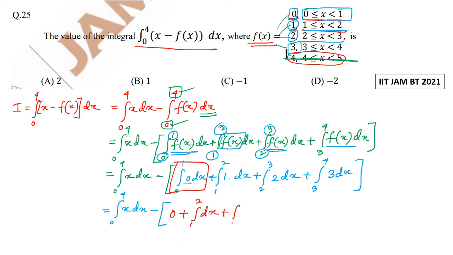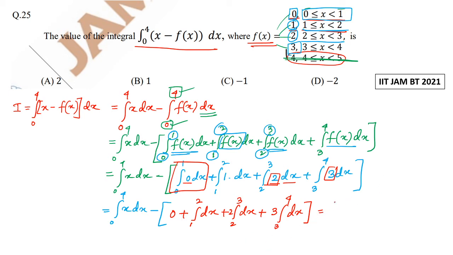Plus 2 to 3, it is 2 times dx. So let's take out of integration because it's just a number, that is a constant. So it is 2 times integration over 2 to 3 dx plus integration over 3 to 4. It is again a constant. This 3 is a constant, right? So we can take it out of integration. So 3 times integration 3 to 4 dx.